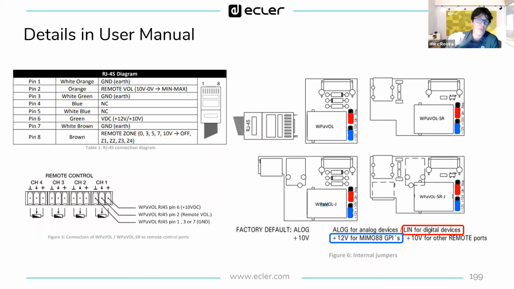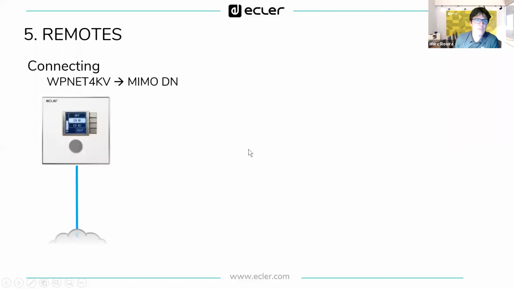If you do not change the jumpers, it will not work properly. You won't break anything, but at first it's very confusing from the software point of view, because you can go over and over again and see that you have done it well in the software part, but because the jumpers are not well configured, you will have some troubles.